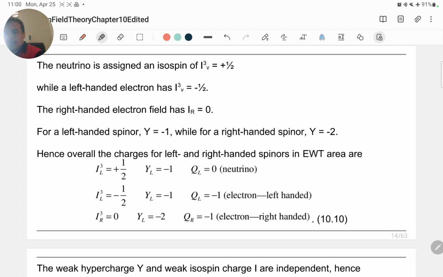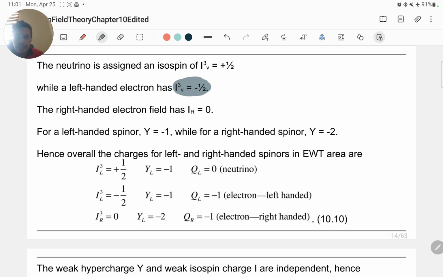Now this is the assignment. The neutrino is assigned a weak isospin of I3 equal to 1/2, while the left-handed electron has an I3 of negative 1/2. So this is actually not I3 of the neutrino but I3 of the electron.